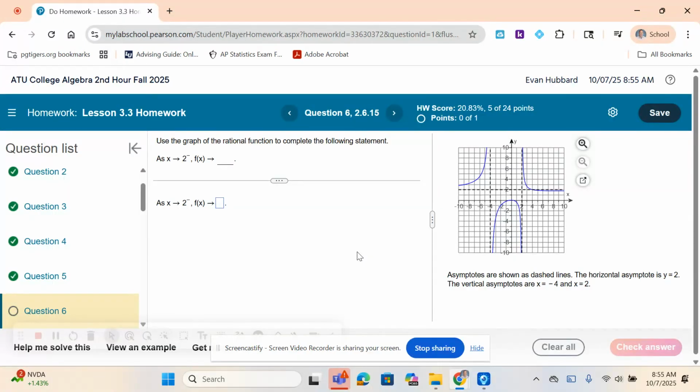6. Let me pause real quick. So on 6, as x approaches 2 minus. 2 minus means as x approaches 2 from the left. So as I'm approaching 2 from the left side, where's y going? Negative infinity. So it'd be negative infinity.